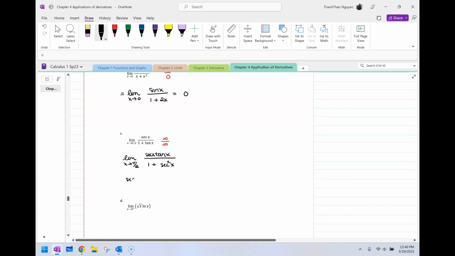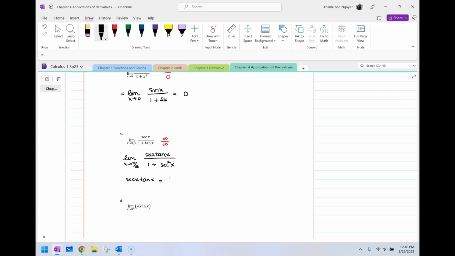Now secant of x times tangent of x is equal to 1 over cosine of x times sine of x divided by cosine of x, that equals sine of x over cosine squared of x. 1 plus secant squared of x equals 1 plus 1 over cosine squared of x, that is cosine squared of x plus 1 divided by cosine squared of x.